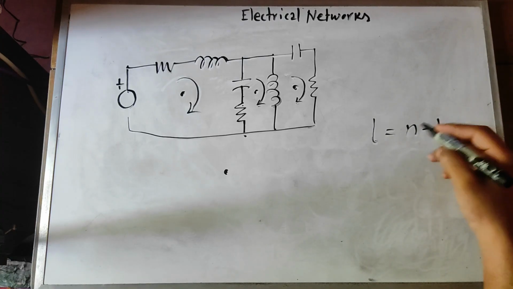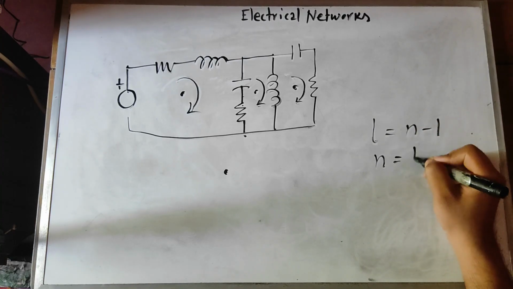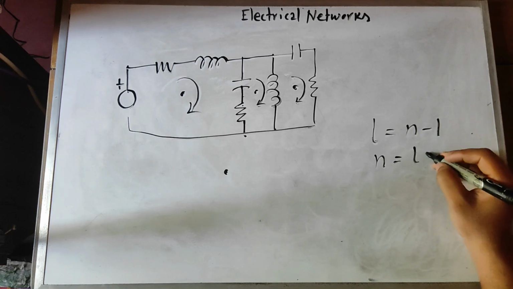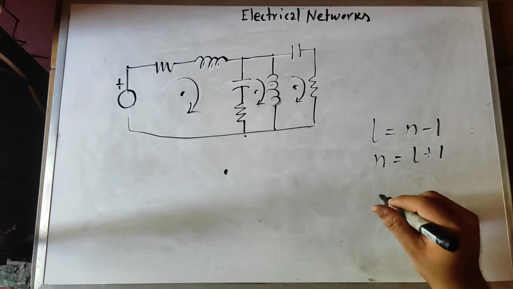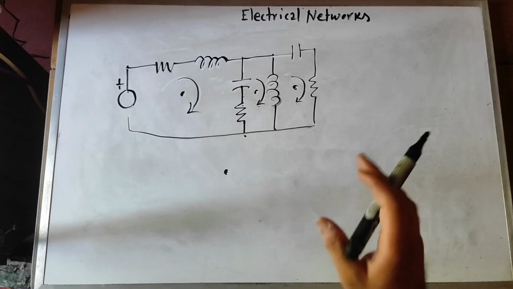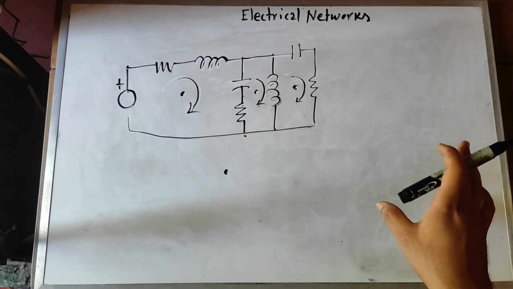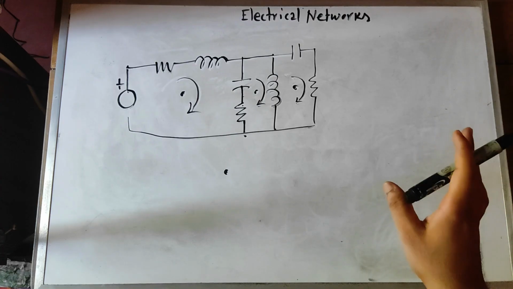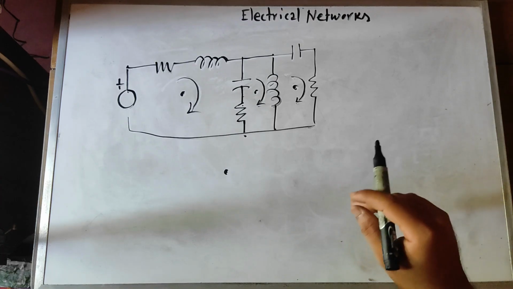So if I have to find nodes for a given loop, the number of nodes will be this. I think that's the right relation between nodes and loops.